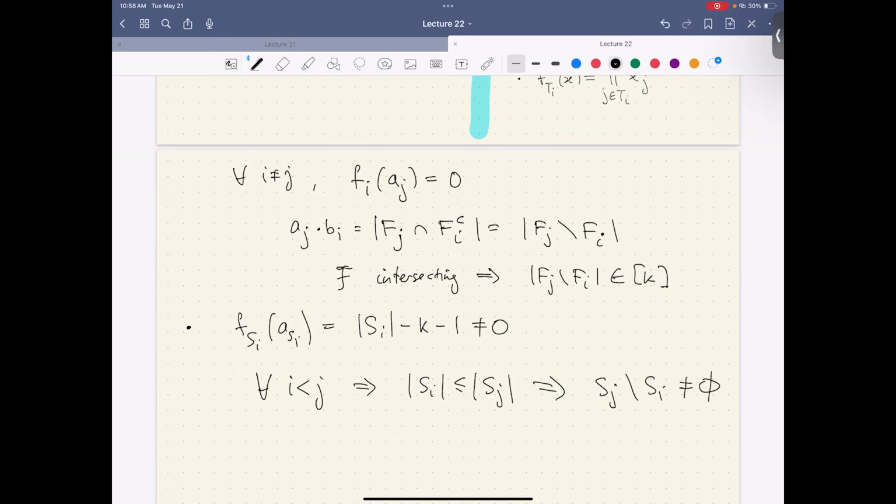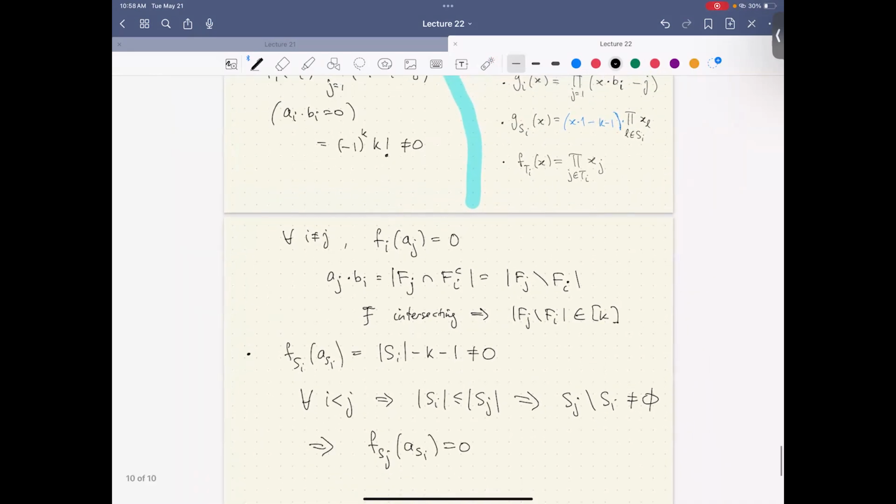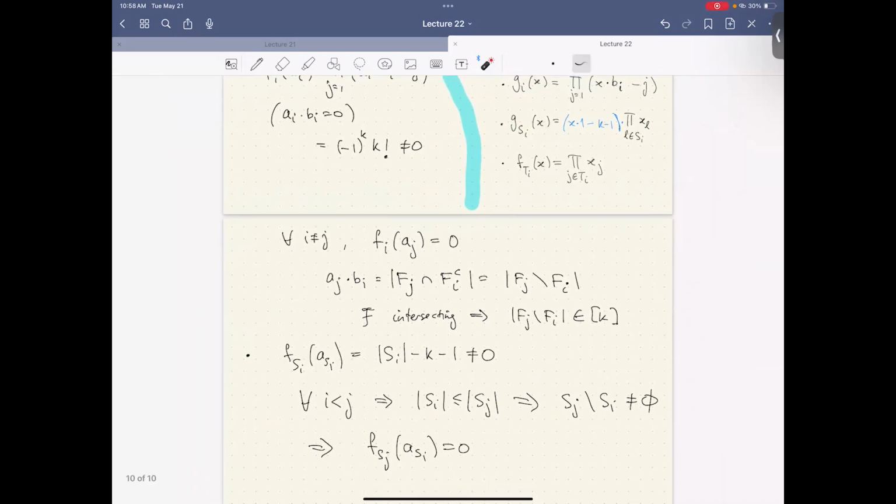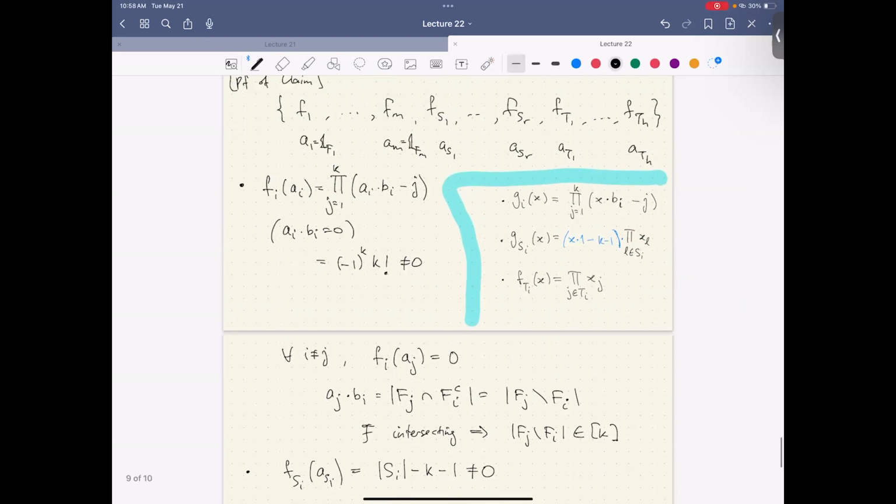This then means F_{Sj}, if we evaluate a later polynomial at the early points A_{Si}, will be 0. Because, look here, F_{Sj} must multiply everything in the set Sj. But Sj contains something that Si does not have. So in that coordinate, Si's corresponding coordinate is 0. So the whole thing becomes 0. That's good. So we can verify this with the earlier points. We just need to verify these points now.